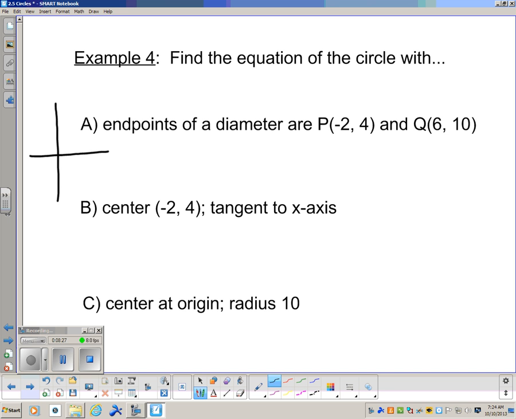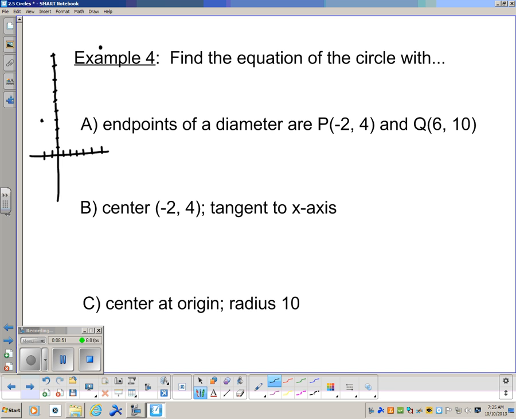Negative 2, 4. Negative 2, and up. I'm going to go up 10. 1, 2, 3, 4, 5, 6, 7, 8, 9, 10. And I've got 6: 1, 2, 3, 4, 5, 6. So 6 and up 10. And my other one here is negative 2, 4, and up 4.